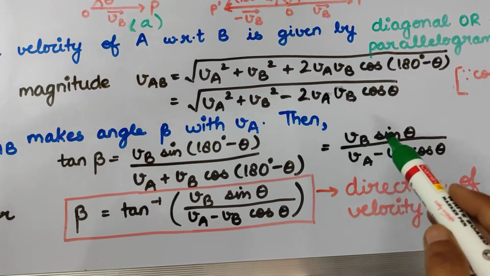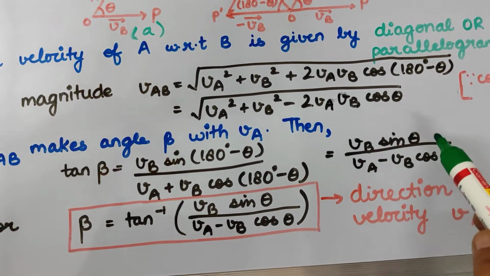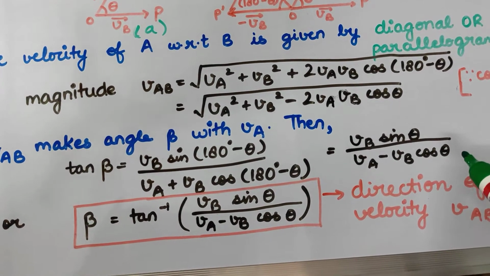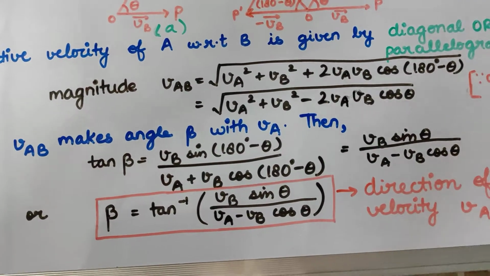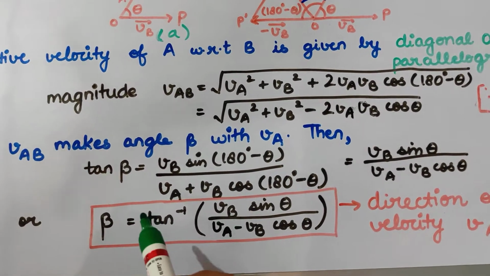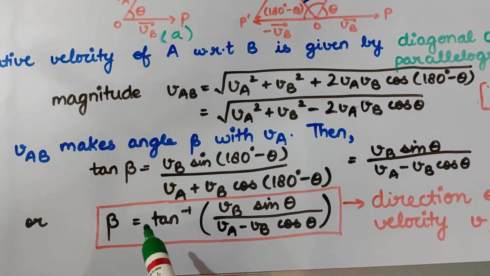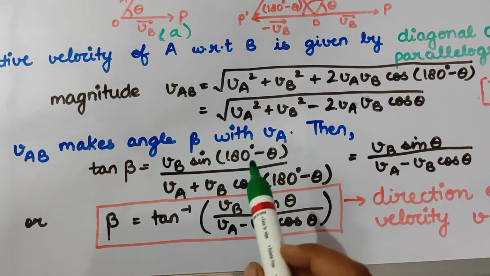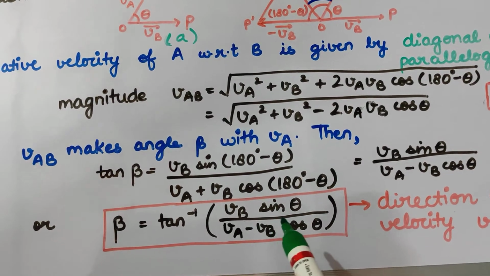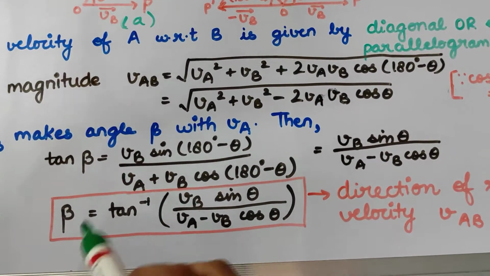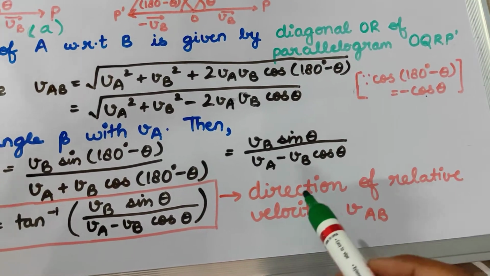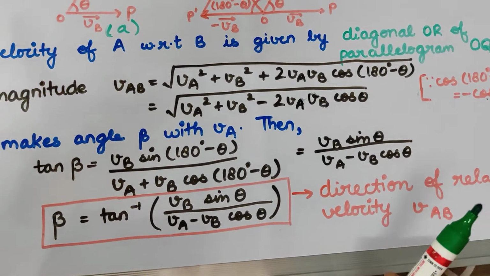So this will now be reduced to VB sine theta upon VA minus VB cos theta. Fine. So by this we can say that the angle beta will be written as tan inverse of VB sine theta upon VA minus VB cos theta, and this angle beta gives us the direction of relative velocity VAB.